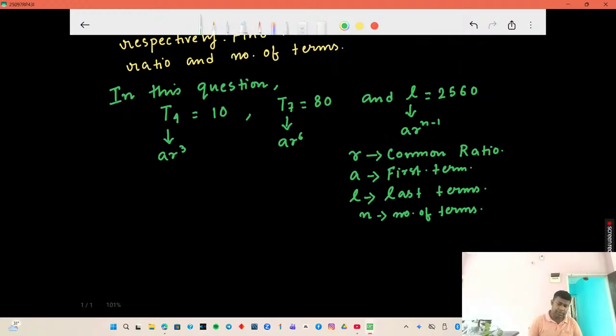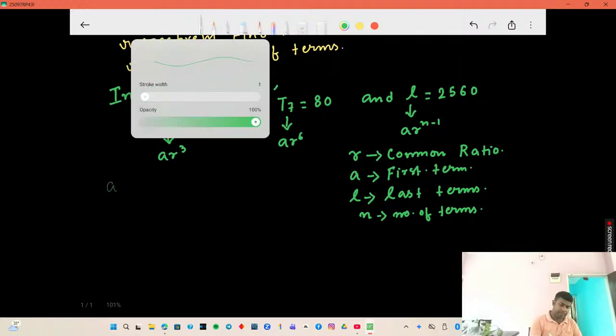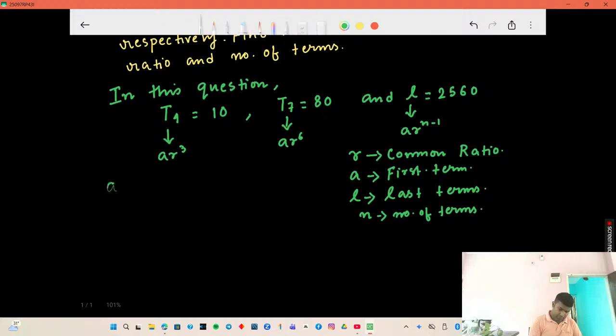And what is the value of the seventh term? T7 by T4 is equal to A into R to the power 6 by A into R cubed, which is equal to R to the power 6 by R cubed, which is R cubed.